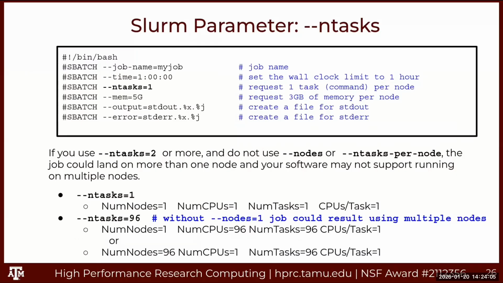This is basically what I said earlier. If you configure your job to use n tasks, but you don't specify nodes, of course, if you only have one task, it can only run on one node. But if you schedule 96 tasks, then you could run on anywhere from one node with 96 CPUs per node, or 96 nodes with one CPU per task.